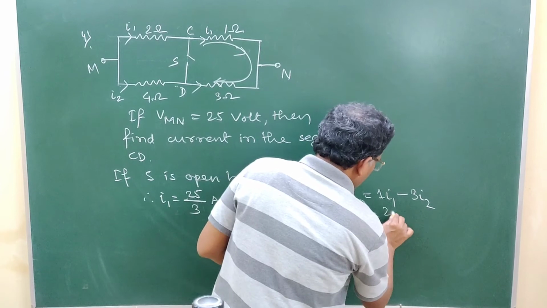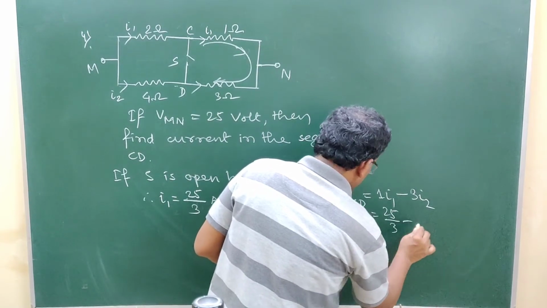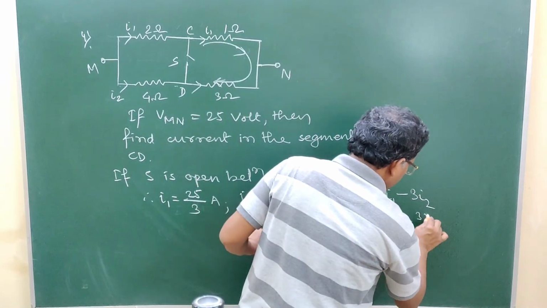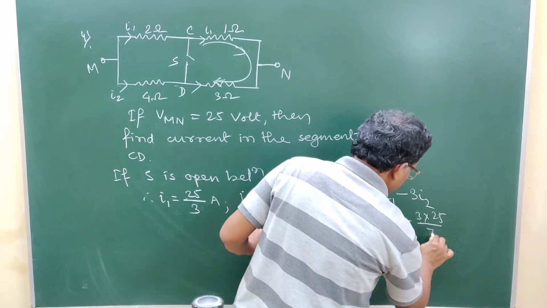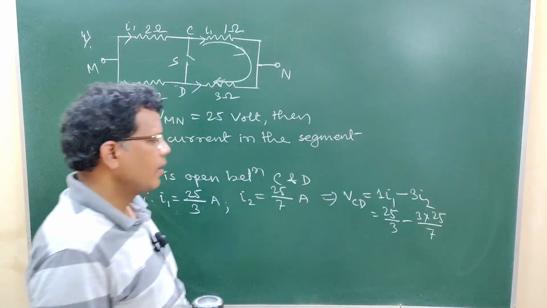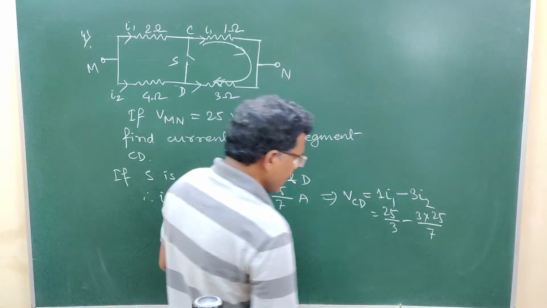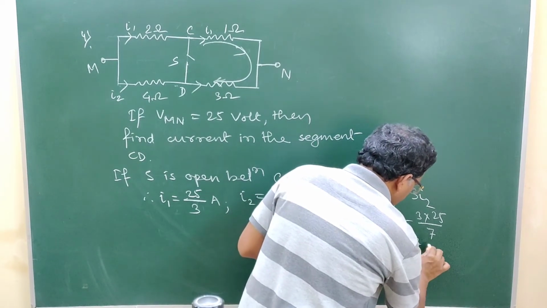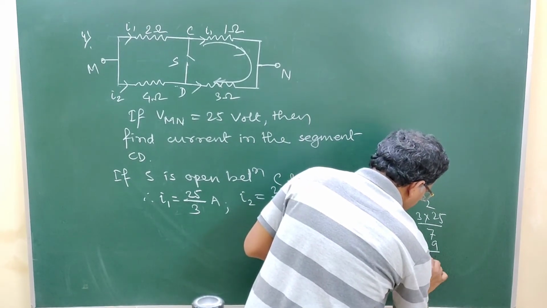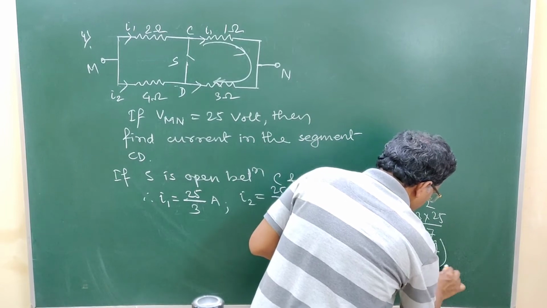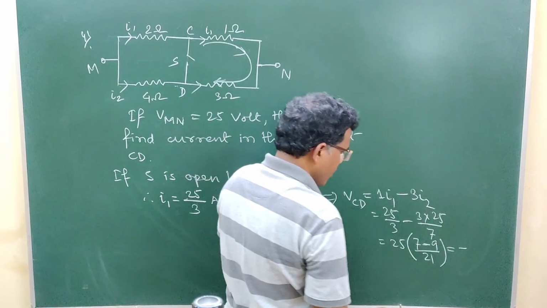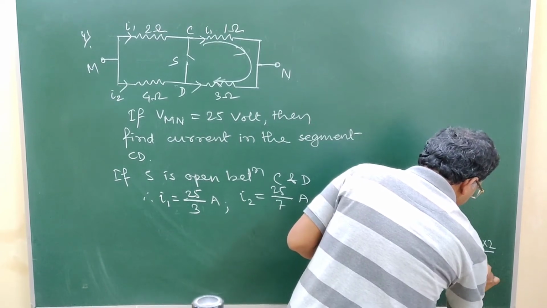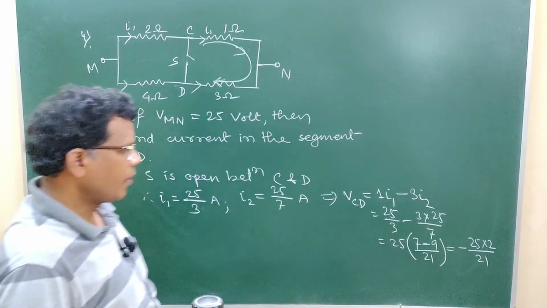So the value of I1 is 25 by 3, minus 3 into I2, that is 3 into 25 by 7. Is that clear? Simplifying this, taking 25 common, we can write 7 minus 9 by 21. That means it is minus of 25 into 2 by 21.